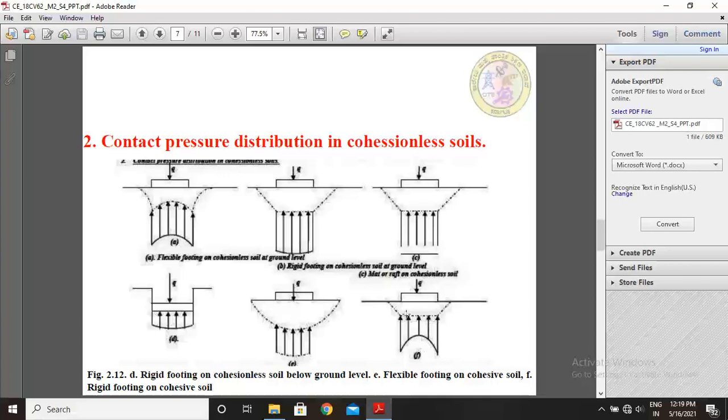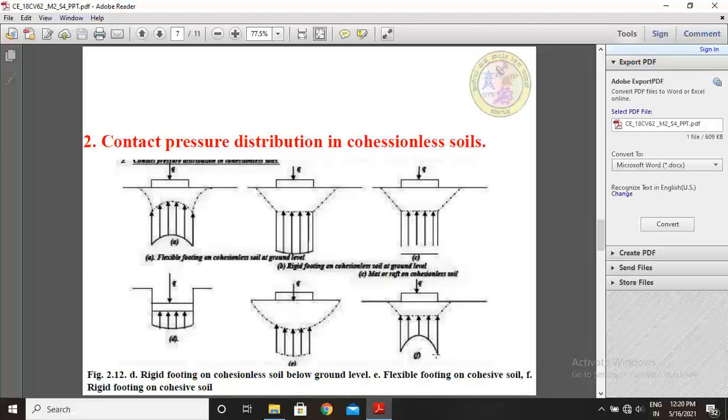The shape of the stress distribution diagram occurs like that, straight and horizontal, and this is upward. Here this is concave and this is convex. From the diagram, see here at the center stress is less, but at the corner stress is more. This is how contact pressure distribution develops in cohesionless and cohesive types of soils.